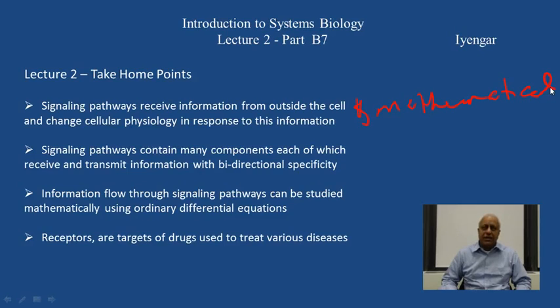So this bidirectional specificity of many components in line allows for signaling pathways to emerge from reactions of a component with an upstream and downstream partner. Information flow through signaling pathways can be studied mathematically using ordinary differential equations. So this has been done a long time.